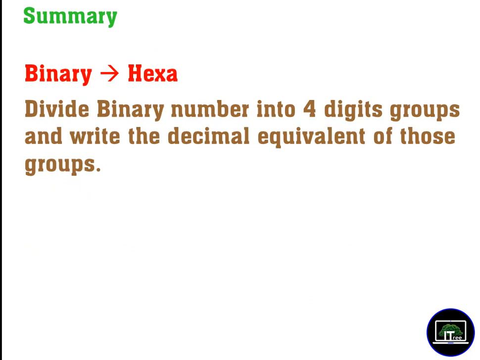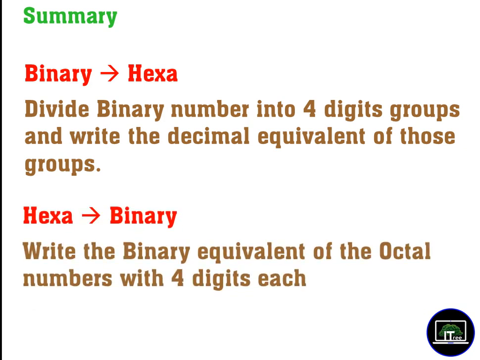You divide the binary number into 4 digit groups, then write the hexadecimal equivalent of these groups. Then we discussed how we can convert a hexadecimal number into binary. You always write the hexadecimal value with 4 binary digits. That is very, very important.